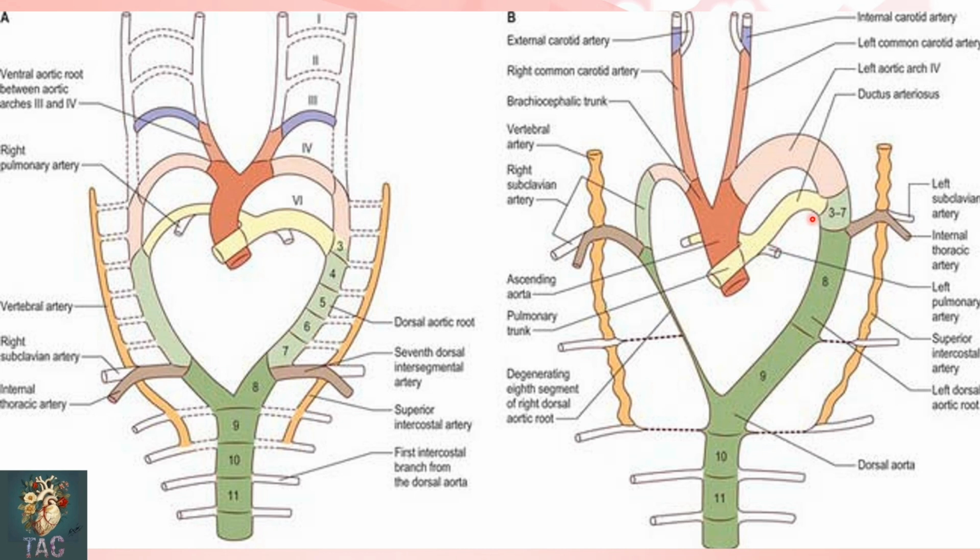When the 6th aortic arch is forming, as I have told you, this is the aortic sac which is formed by the fusion of the ventral aorta between the origin of the 4th and 6th aortic arch.